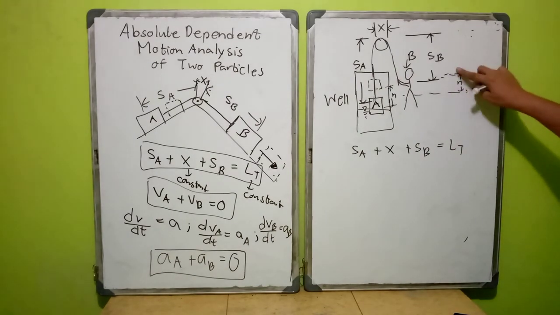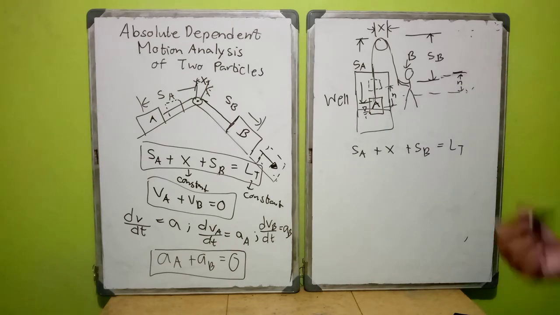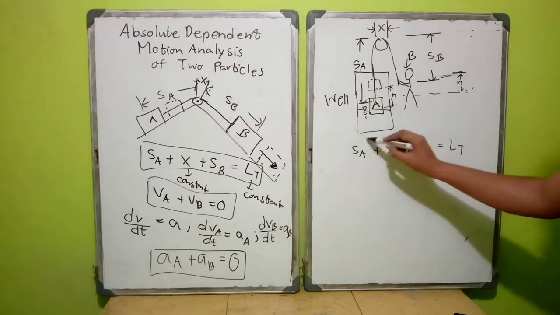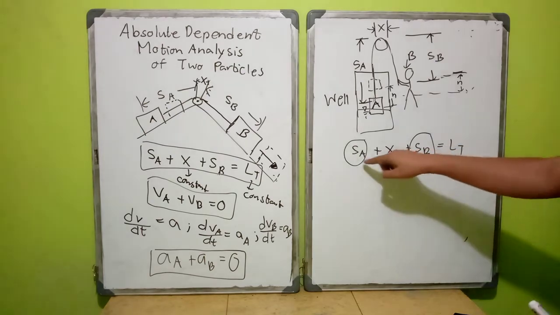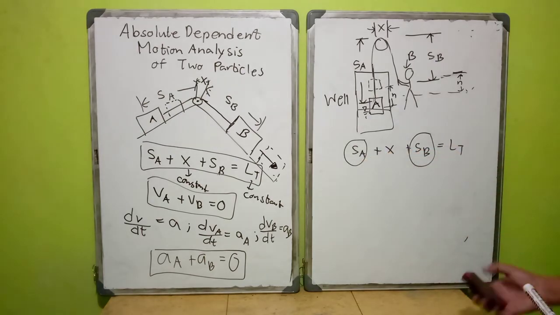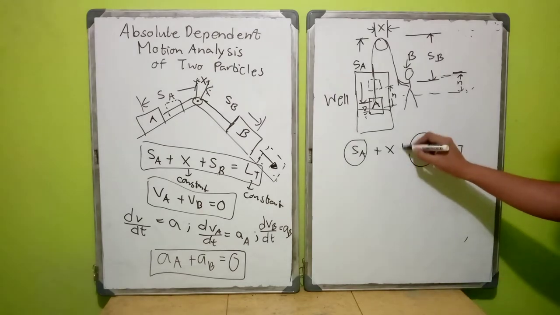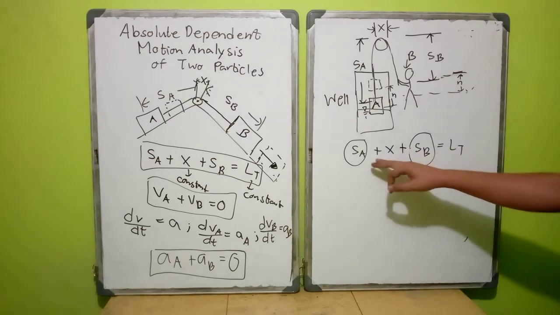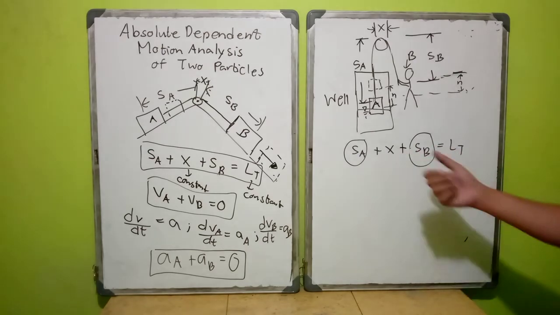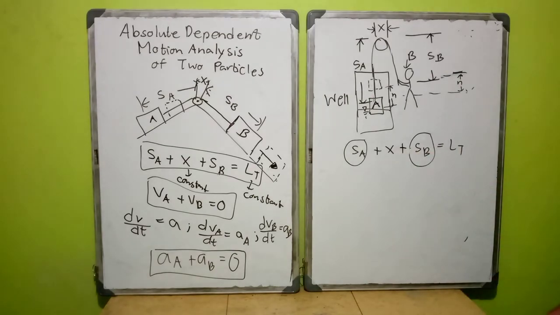So therefore, the two variables here, the changing values, are your SA and your SB respectively. SA and SB are the only two expressions in this mathematical phrase that will have a value when differentiated.